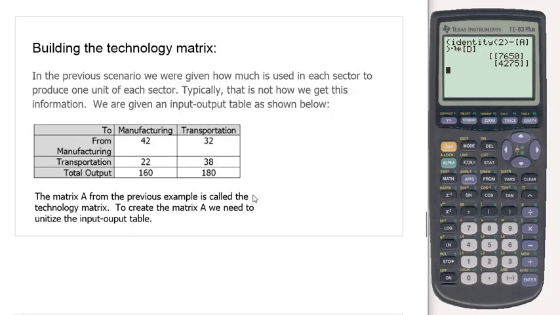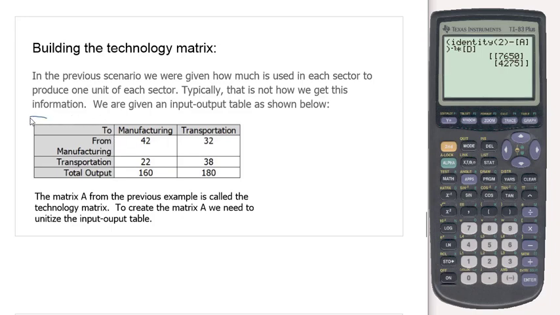Now, typically, when we are solving these input-output scenarios, we aren't given the information in the same way that I gave it to you in that first problem. We're given the information in what's called an input-output matrix, hence the input-output model name.